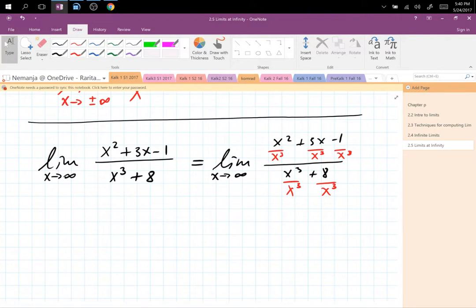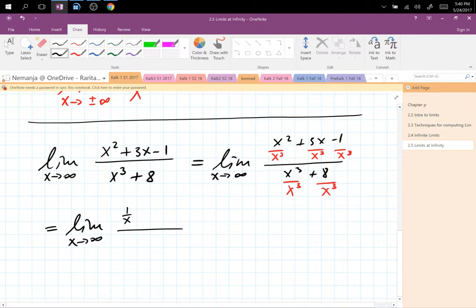And then we're going to cancel. So what I get is 1 over x minus 3 over x squared minus 1 over x cubed divided by 1 plus 8 over x.